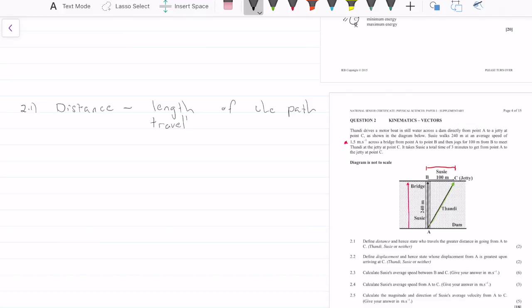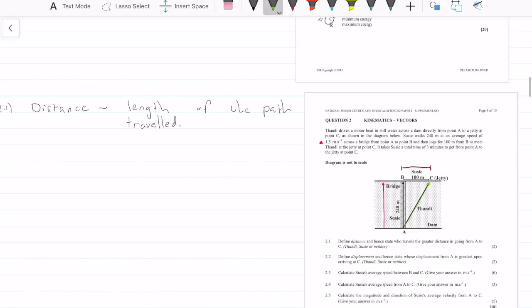So essentially what we have to do is just work out the total length that they travel, taking into consideration that Tandy goes straight from A to C, whereas Susie goes from A to B and then from B to C.